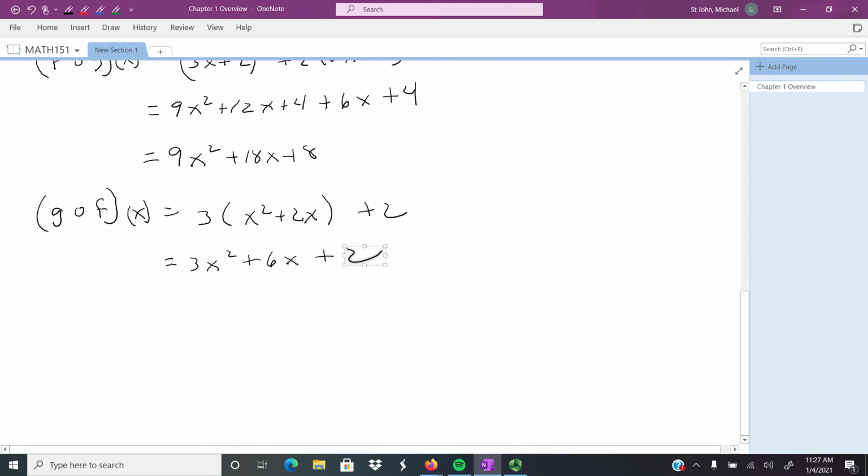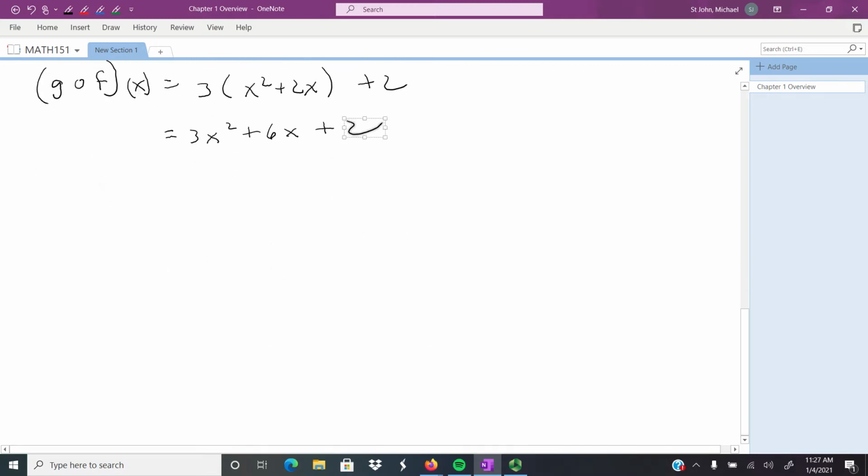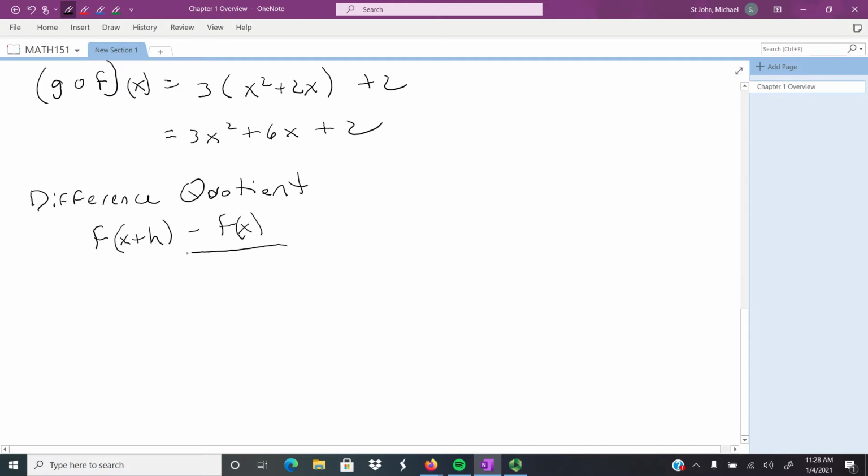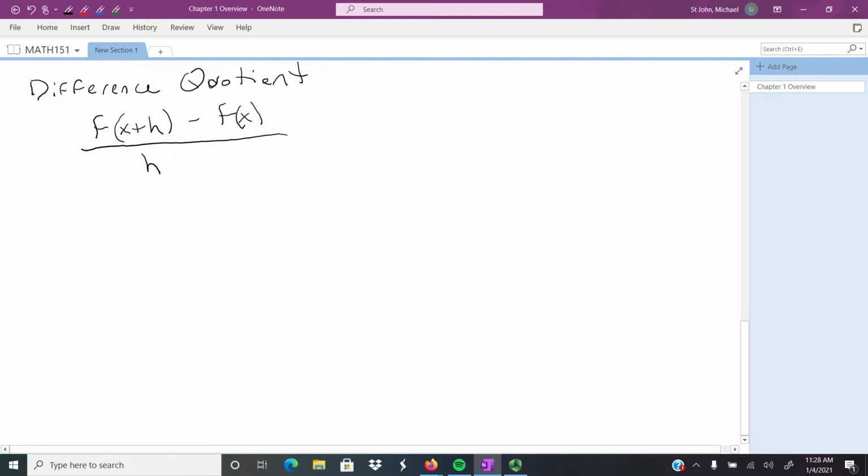Right. Other things you've seen, and you had this thing. So you had what was called the difference quotient. And that was f of x plus h minus f of x over h. And so let's say I want to find the difference quotient for x squared plus 2x.